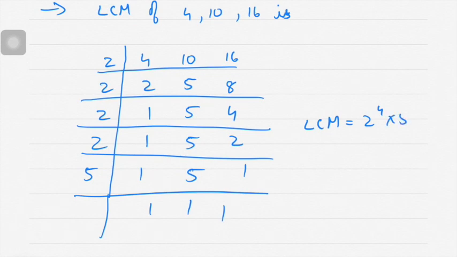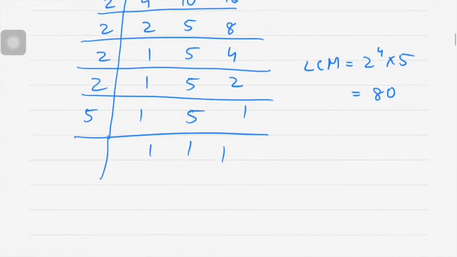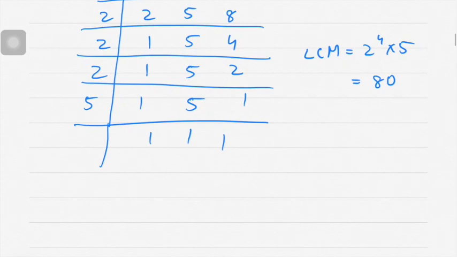And 5 1s are 5. So LCM will be 2 raised to 4 into 5. When you calculate, this comes to 80. Okay.